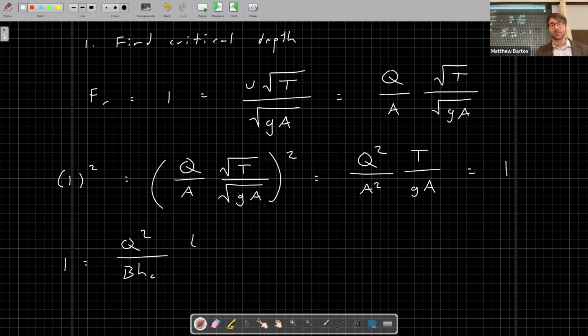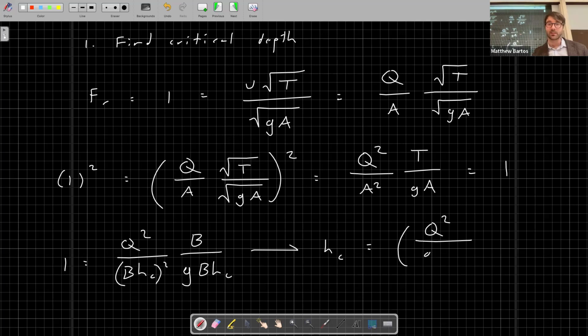Top width is equal to the bottom width, so that's just B. Turns out that you can rearrange this to get a closed form expression for HC. Critical depth will be equal to Q squared over GB squared, all to the 1/3 power. So for a rectangular channel, you can get an explicit expression for the critical depth.